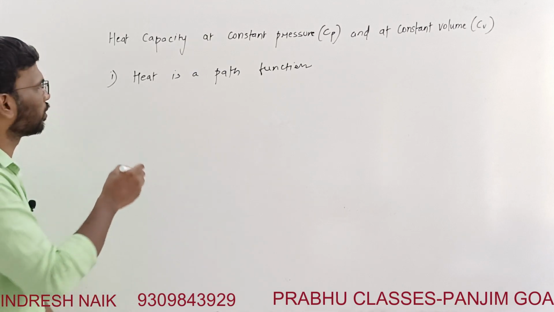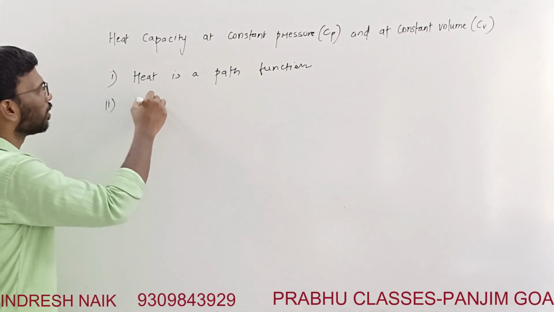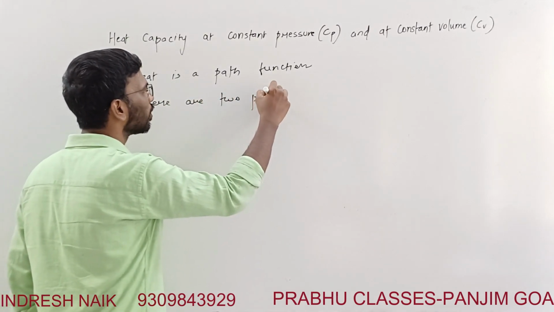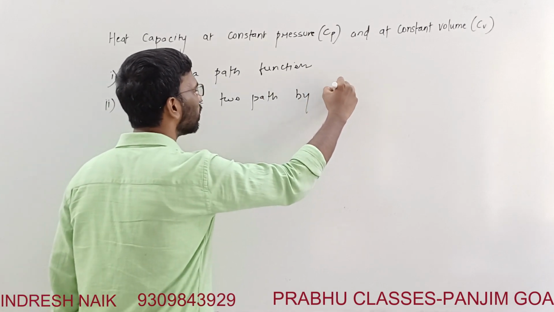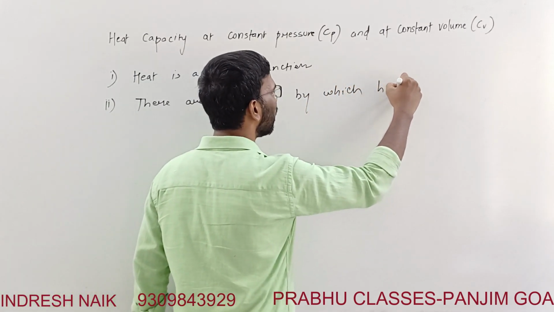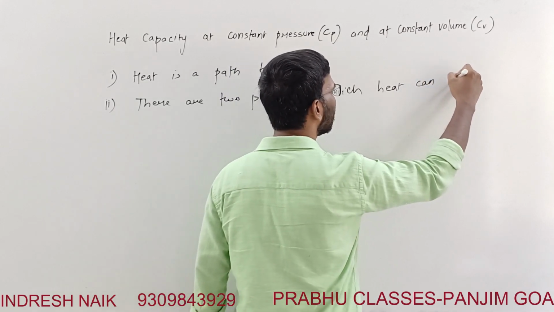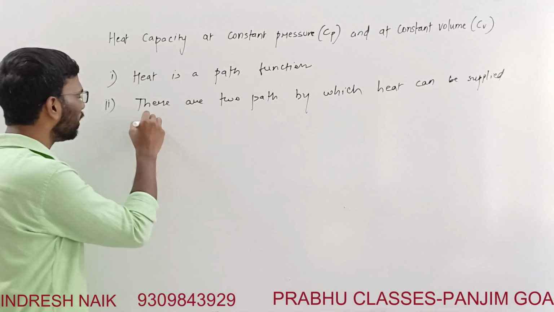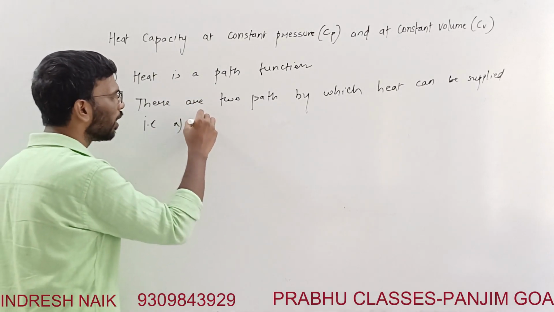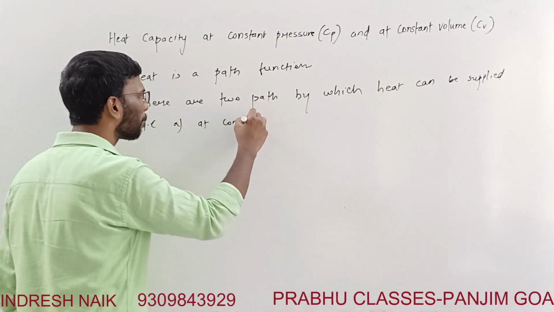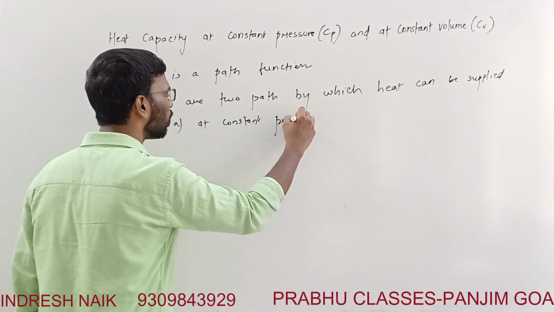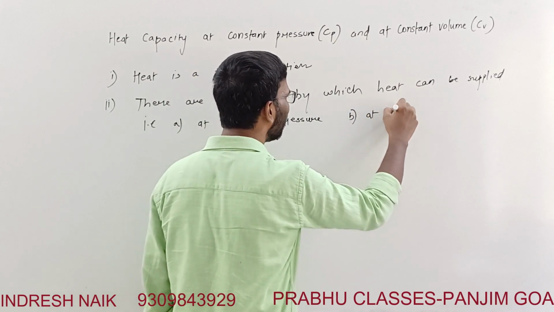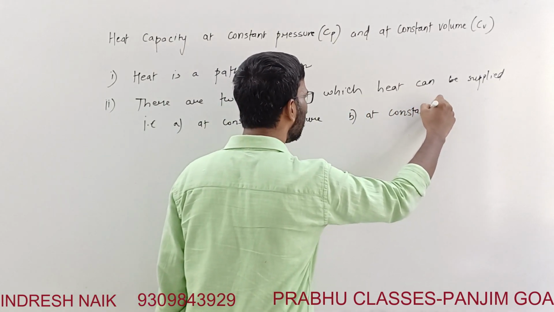so there are two paths. Second point I'll write, there are two paths by which heat can be supplied. That is one is at constant pressure, and second is at constant volume.